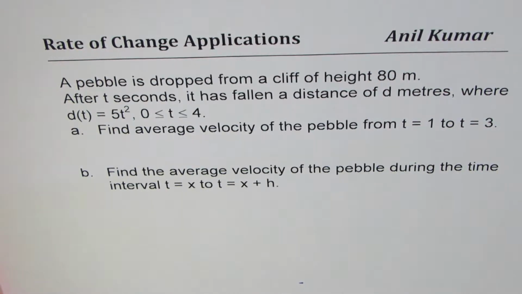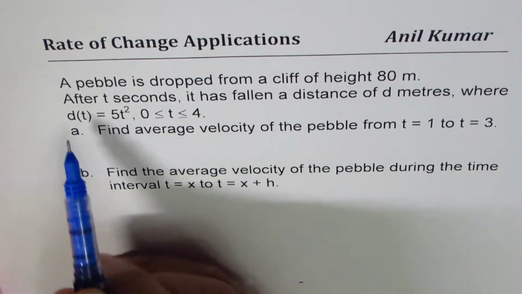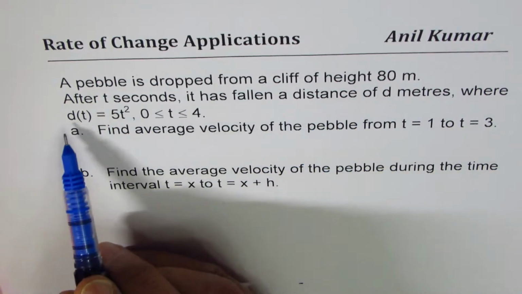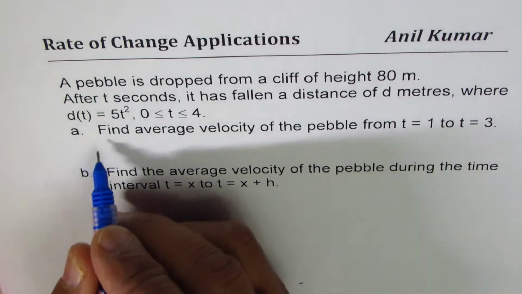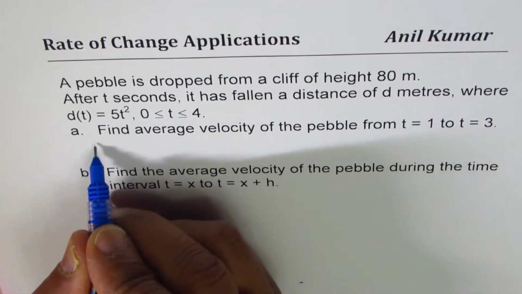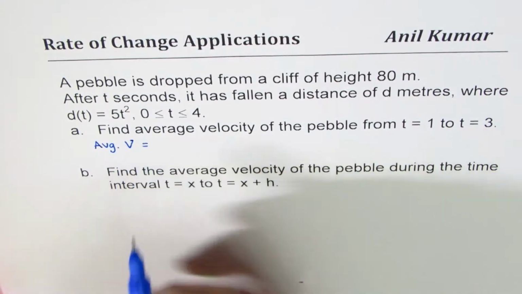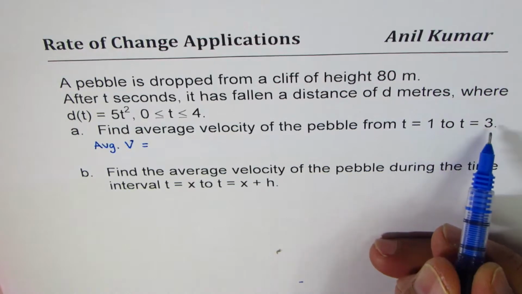Now, let's see what is average velocity. Velocity is rate of change of displacement, right? So in this case, distance is given by d of t equals 5t squared. So when we want to find average velocity, let me write it in short, average velocity is equal to, and that too between t1 and t3.